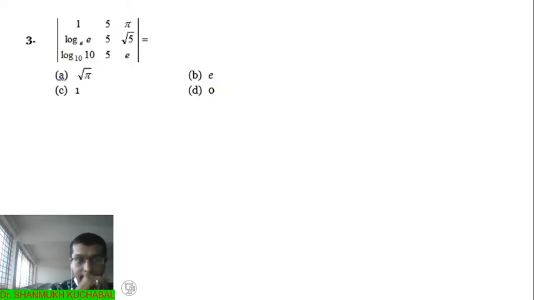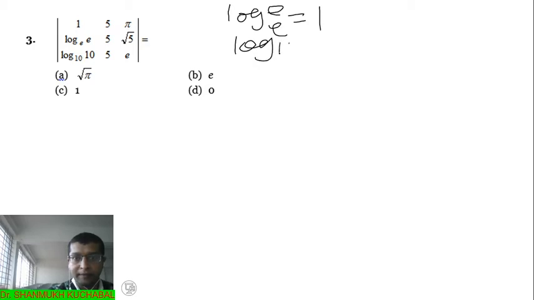Okay, then in this third example, the value of this determinant we have to calculate. So log e to the base e, the answer is 1. Then log 10 to the base 10, the answer is 1 here.